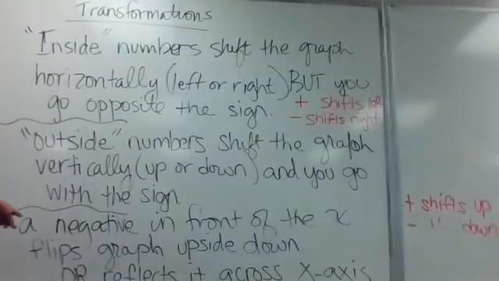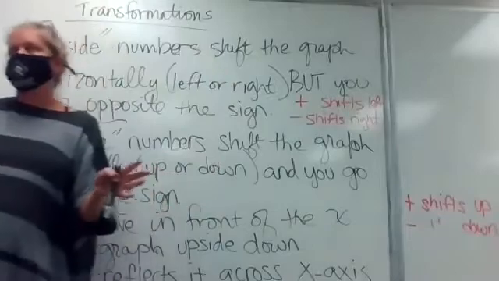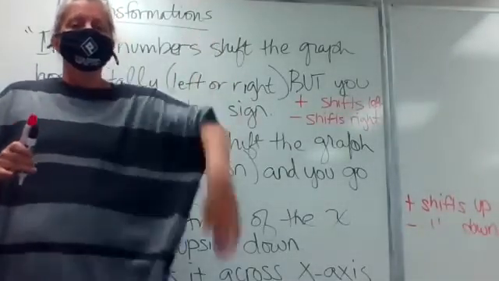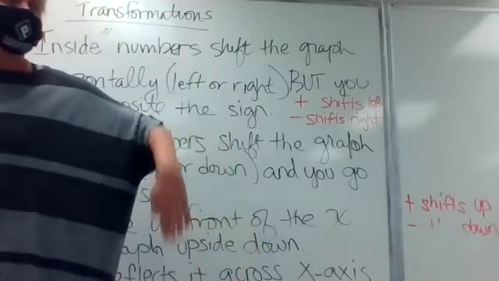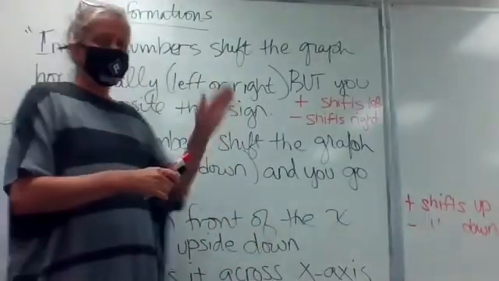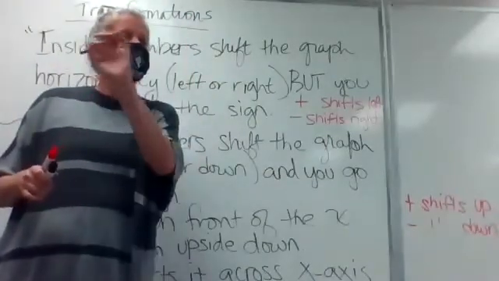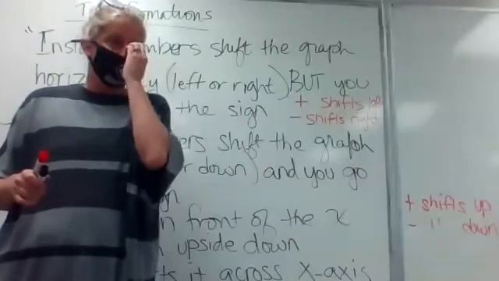If there's a negative in front of the parentheses of your graph or in front of the x, it's going to flip the graph upside down. That's what makes that parabola, if it's an x squared graph, be upside down, as if there's a negative in front of your x.